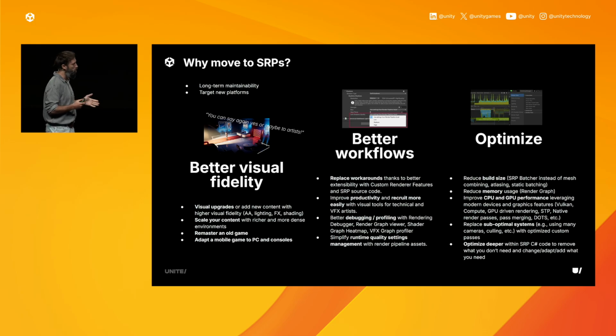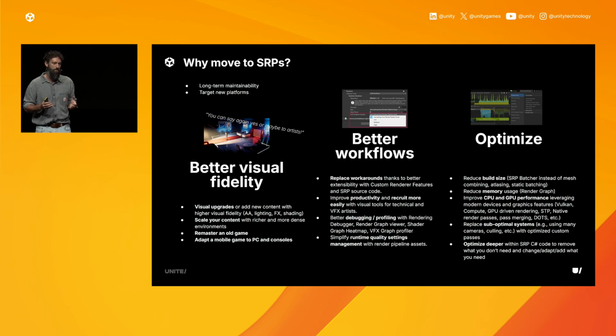So we looked at a lot of project reviews, interviewed a lot of people to know exactly why they moved to SRPs, what were the benefits. So first, just at the top, people said long-term maintainability: you get the latest fixes, you get probably the largest number of running devices in the world with SRPs now, to be able to target new platforms. And otherwise, it's in 3 buckets, better visual fidelity.